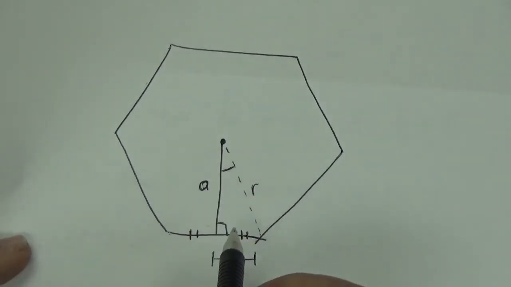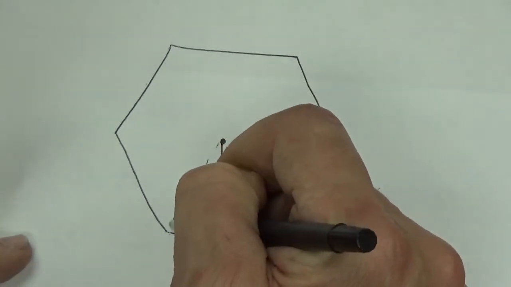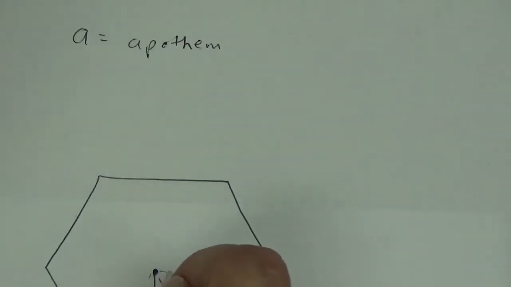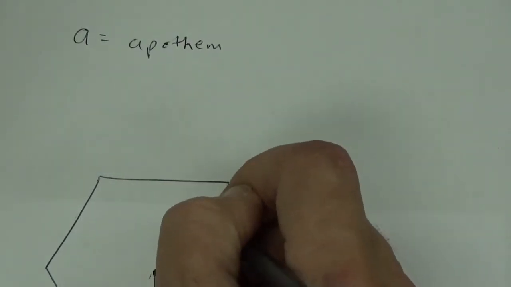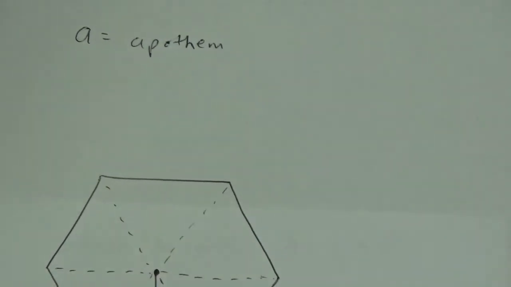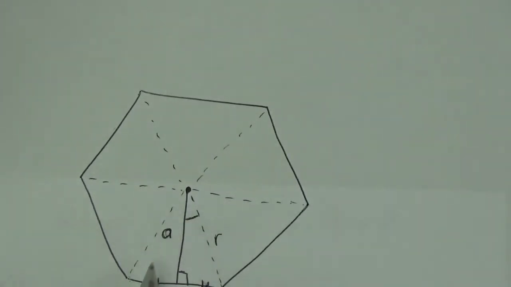If I were to draw this other radius, and if I keep drawing more radii, remember radius, plural is radii, I'm not drawing the other apothems yet, I would end up with 6 triangles. 1, 2, 3, 4, this one together makes 5, and then 6. Well, if I do 360, the whole thing, divided by the 6 triangles, that would take the angle from here all the way over to there. Then all I got to do is cut that in half.